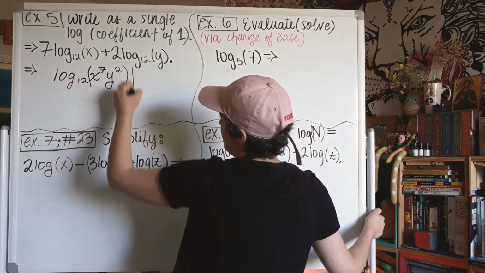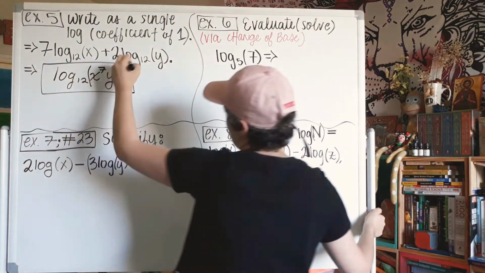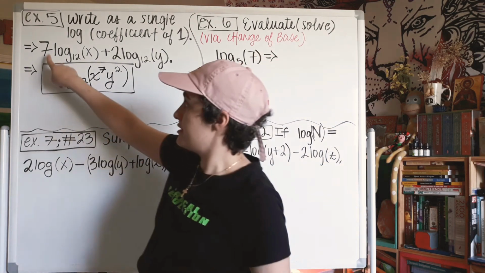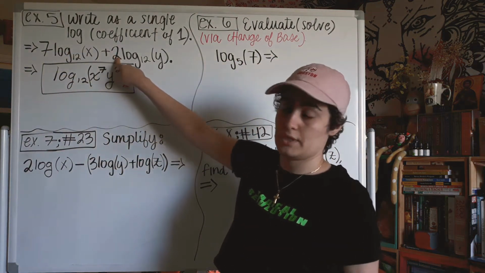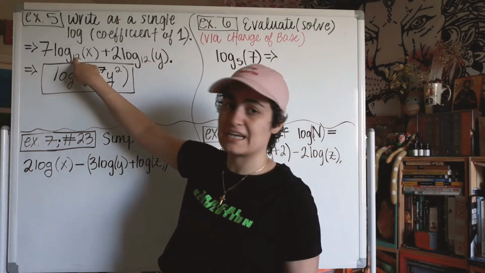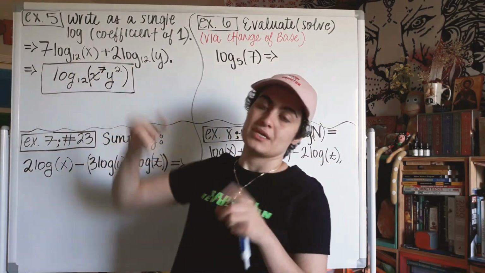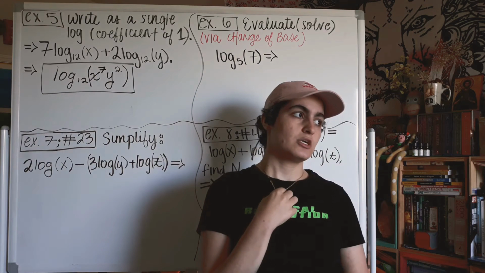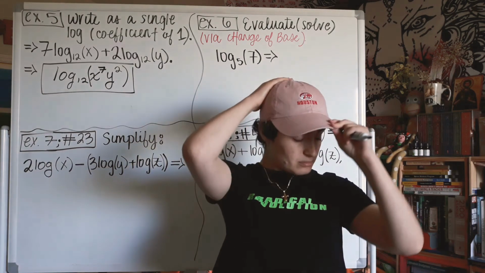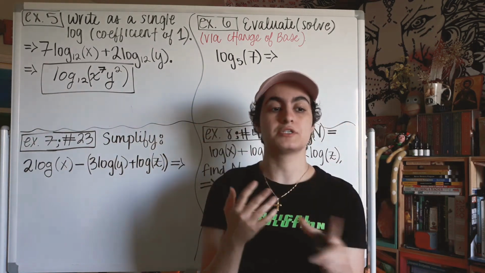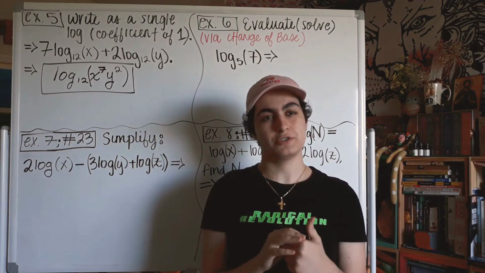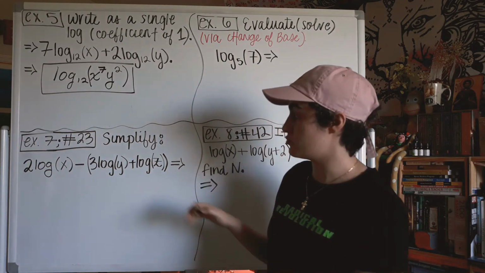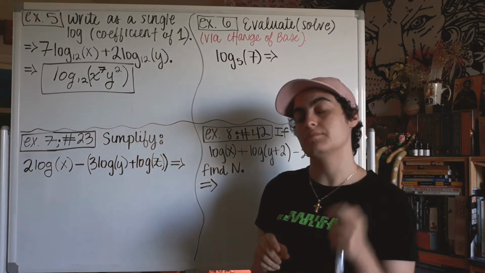And this is actually our answer. So here there's a coefficient of 7, and here there's a coefficient of 2. Okay. The bases matching are very crucial. If your bases do not match, then you can't really manipulate and use the properties like you want to. That's one of the most important things, is that the bases match.